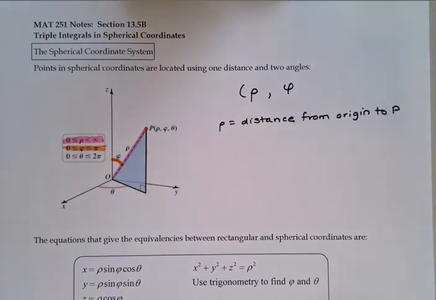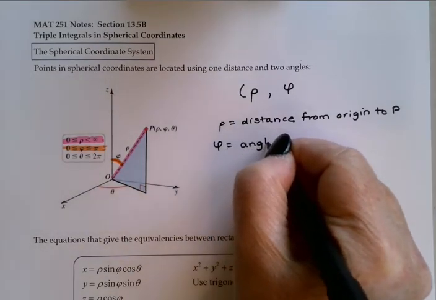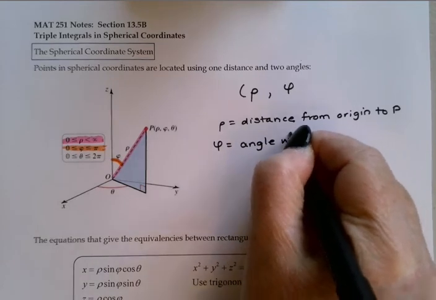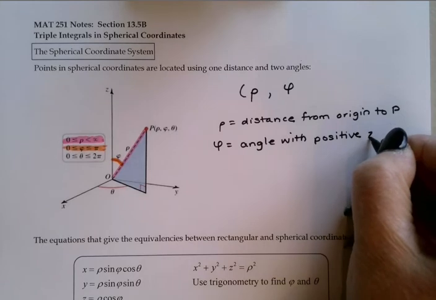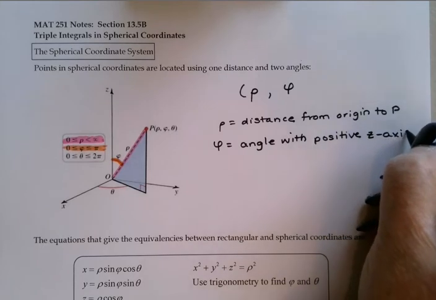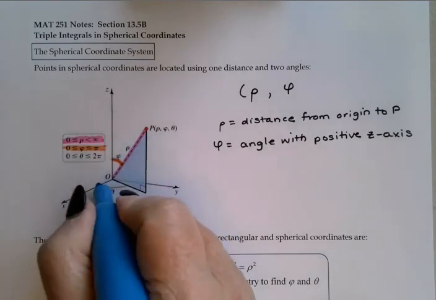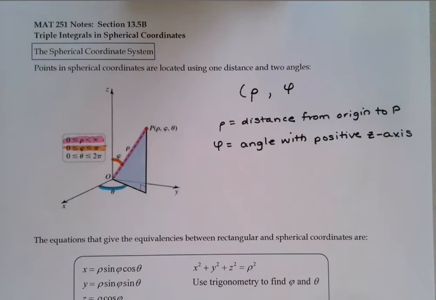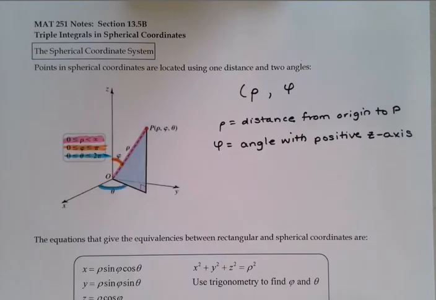So phi is our second variable, and it's the angle with the positive z-axis. Theta should be familiar to you, because theta is still this angle down here with respect to the positive x-axis. Theta is considered to be between 0 and 2 pi.